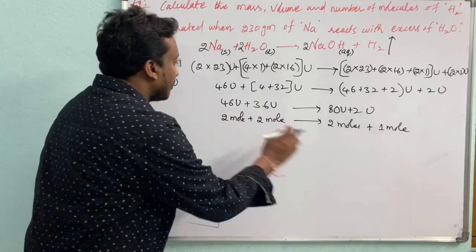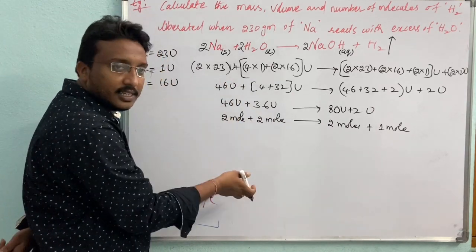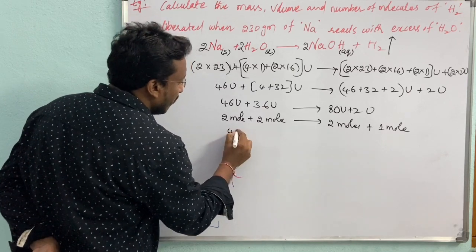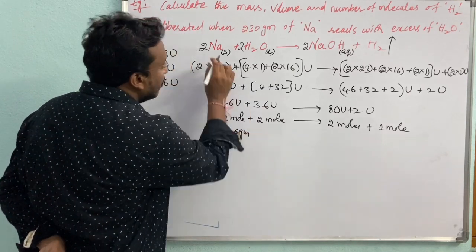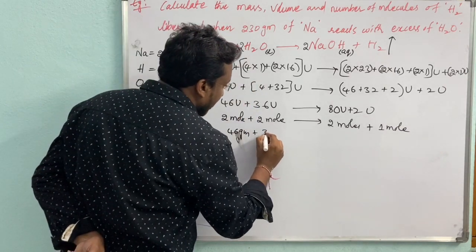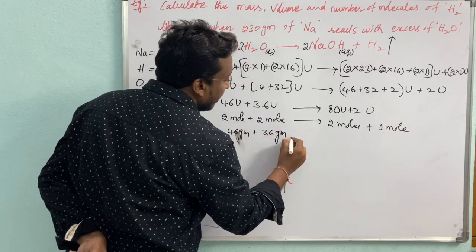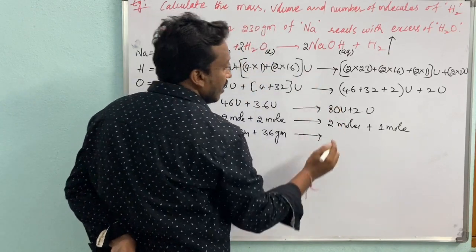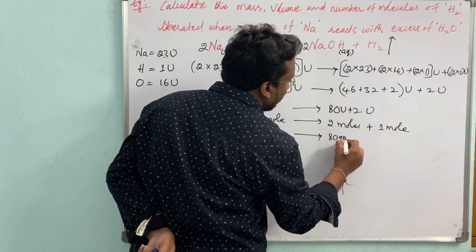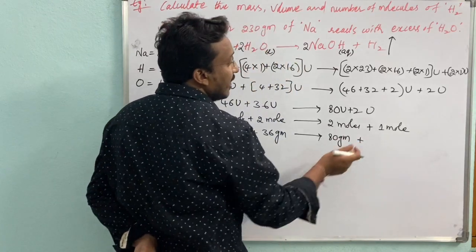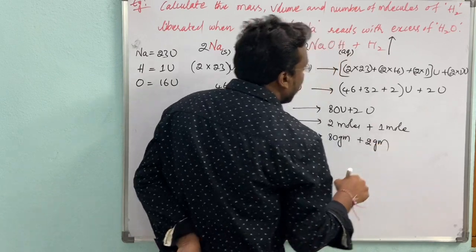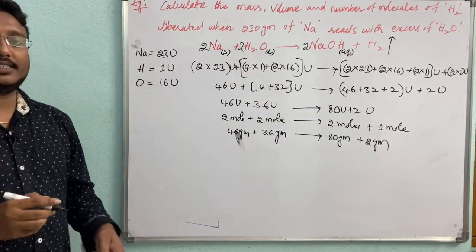In grams, the same unified mass is taken as grams, so 46 grams of sodium reacts with 36 grams of water and gives 80 grams of sodium hydroxide, and 1 mole equals 2 grams of hydrogen gas.